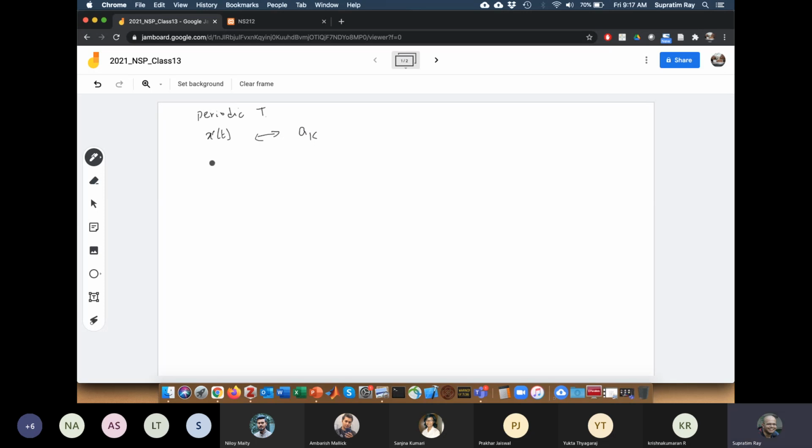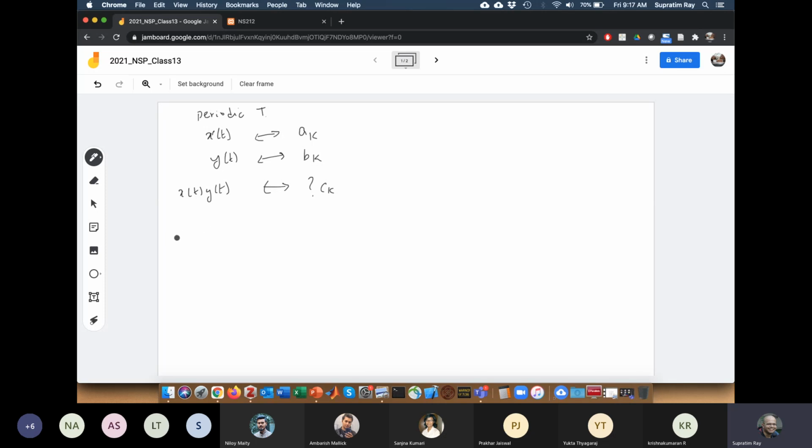And similarly, I've got a signal y(t), which is also periodic in T, and the coefficients are b_k. So the question is, if I take the product x(t)y(t), what are the coefficients, let's say c_k? Are they somehow related to a_k and b_k? Okay, so let's work this out.